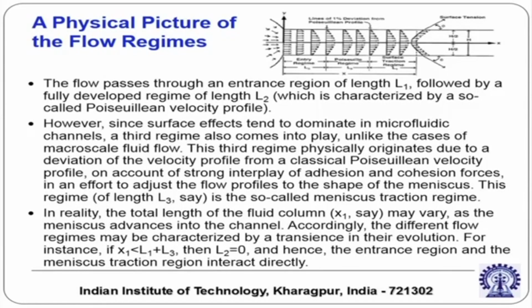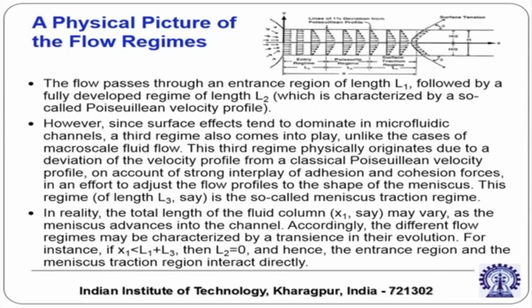Now, what regimes will be present? It depends on the total length of the fluid column. Let us say this total length at some instant, x, is equal to x1. If x1 is less than L1 plus L3, then the fully developed Poiseuille flow regime will be absent altogether, because there must be a developing region, however small, and there must be a meniscus traction regime, because the velocity profile has to adjust to the shape of the meniscus.